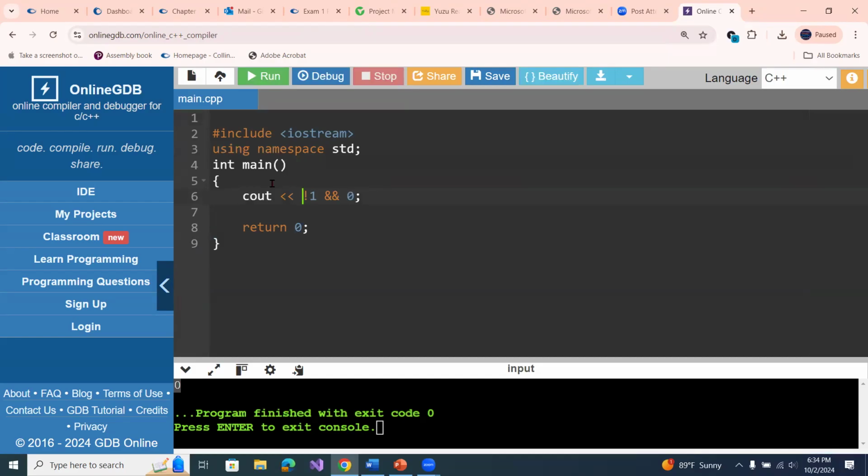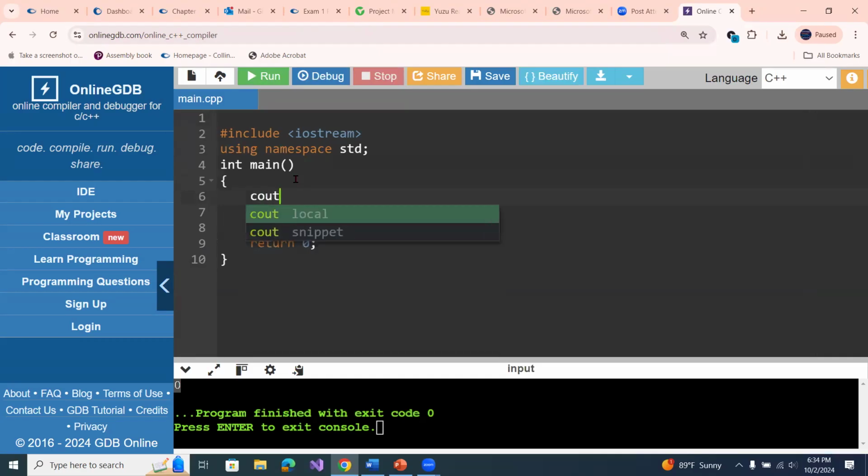Then we had cout 2. Well, I guess 2 doesn't give us anything, but let's just put it here: 2 or not 1 and 0. Order of operations says do the not 1 first, then do the and, then do the or last.